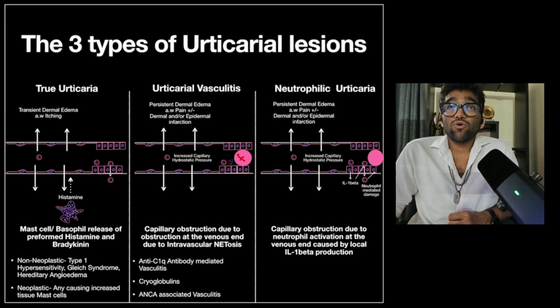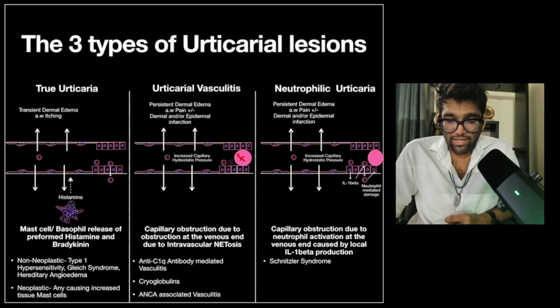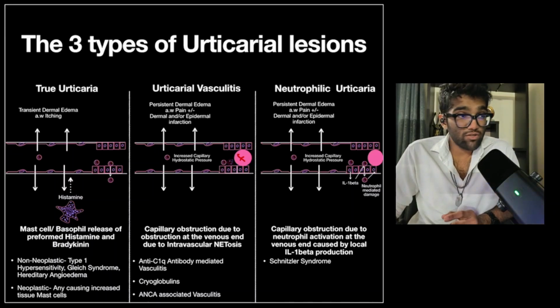Okay, so next we have a neutrophilic urticaria, and the prototypical disorder associated with neutrophilic urticaria in adults is something called Schnitzler syndrome. Now, in Schnitzler syndrome, very briefly, you have a patient who has a Waldenström macroglobulinemia, which is a plasma cell neoplasm, and that produces IgM immunoglobulin.